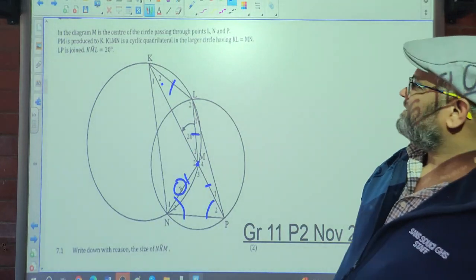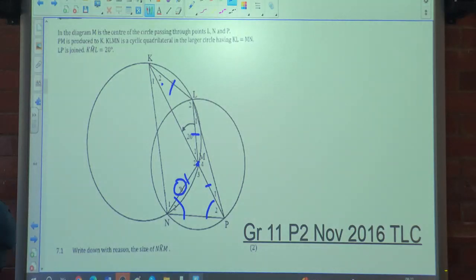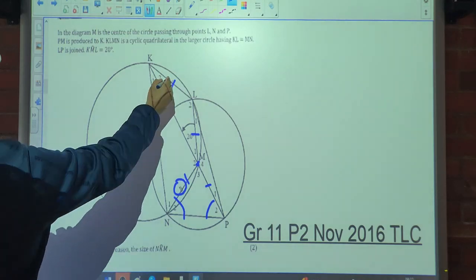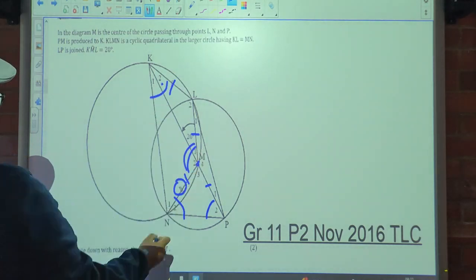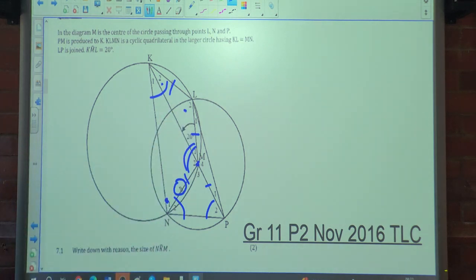Then we are told that the circle passes through L, M, P. PM is produced to K. KLMN is a cyclic quad. So if it's a cyclic quad, opposite angles are supplementary. So that angle plus that angle is also 180.